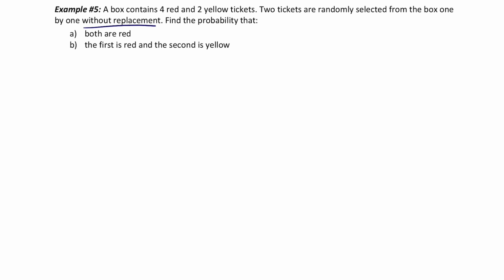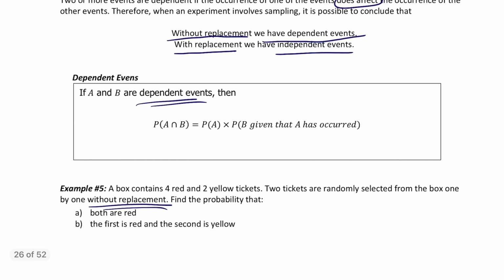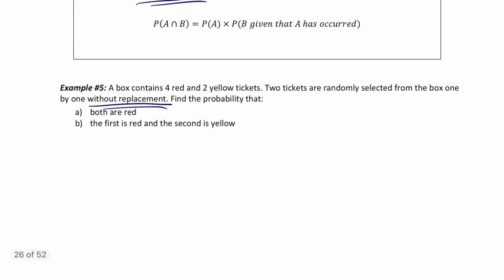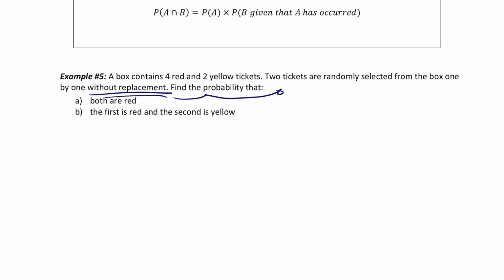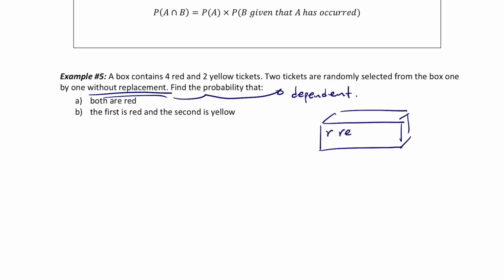So without replacement means we have dependent events. So this identifies this event as a dependent case. And we have a box that contains 4 red tickets and 2 yellow tickets.